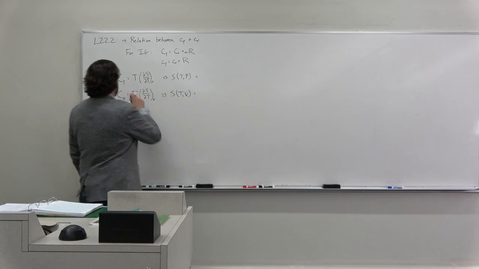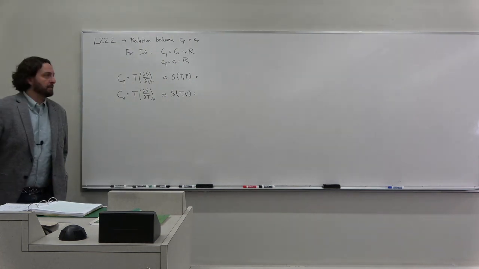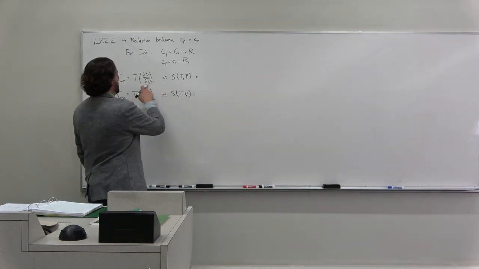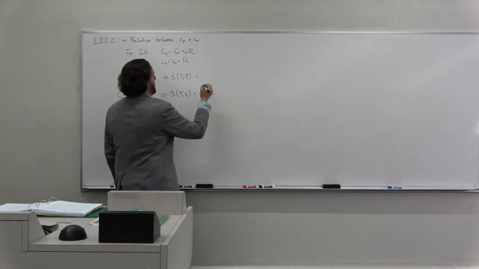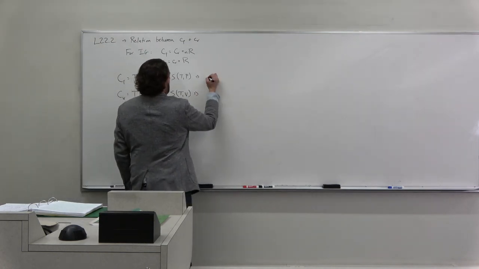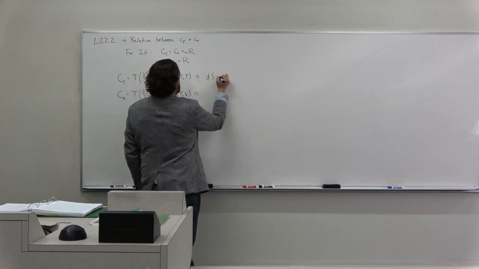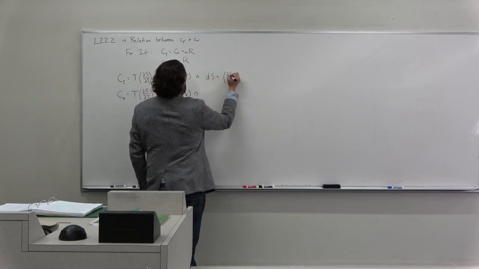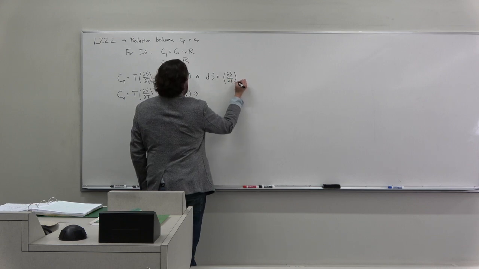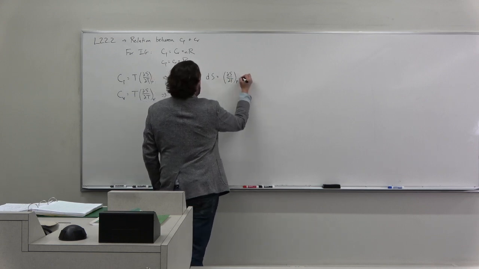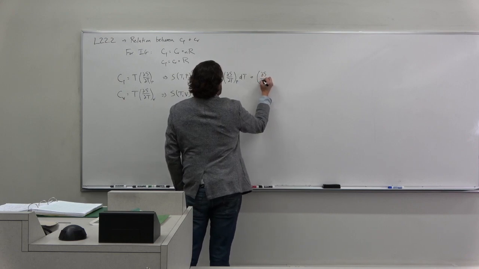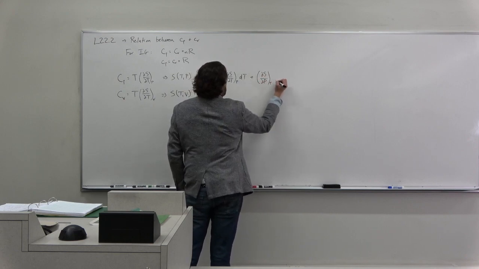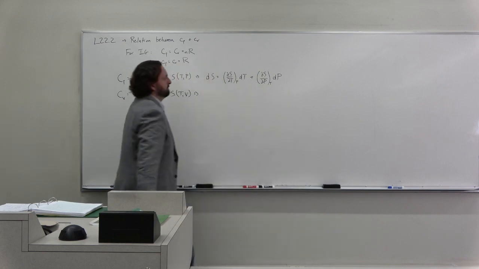So to start to imagine the relationship between these, we basically just want to write our S in terms of its exact differential. So we're going to write dS is partial S, partial T at constant p, dT, plus partial S, partial p at constant T, dp.